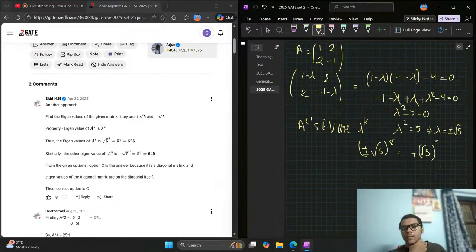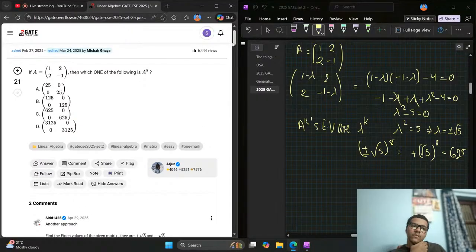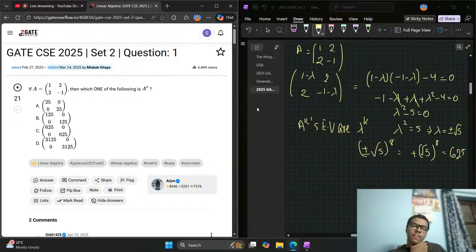Root 5 whole to the power of 8, because it is an even power, is 5 power 4. How much is that? 625 is an eigenvalue. So 625 0 0 625, that is a diagonal matrix.